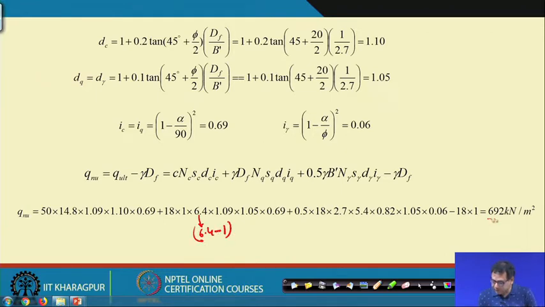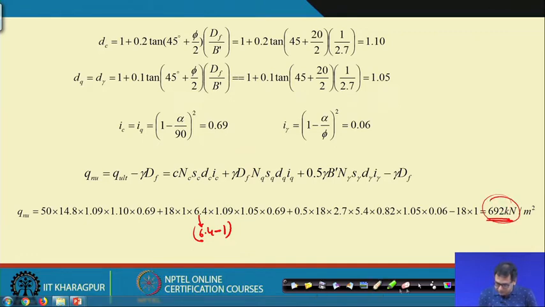So this value will slightly change, because that is the way it is represented. After putting all these values, I will get close to this value.